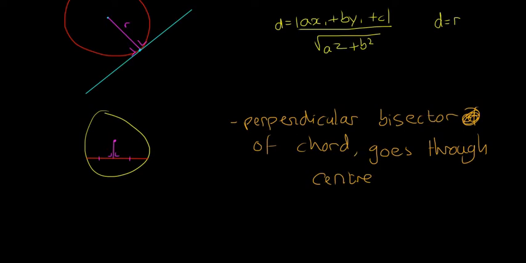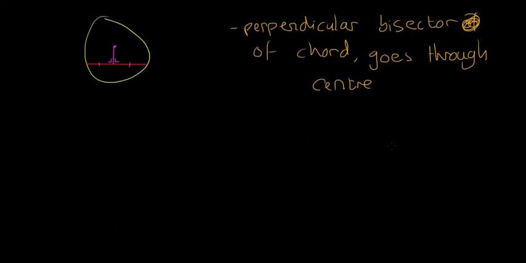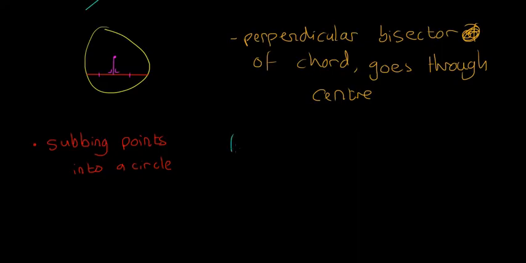Then there are two last pieces of info that I'm going to talk about down here. The first one is about subbing points into a circle. For example, you have a point (3, 2) and some random circle x squared plus y squared plus 2x minus 10y plus 7 is equal to 0.